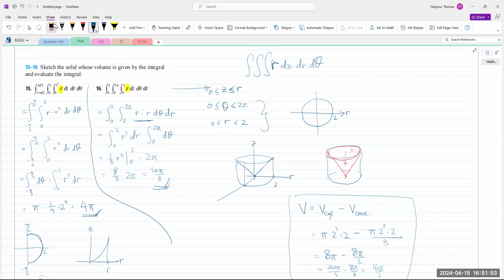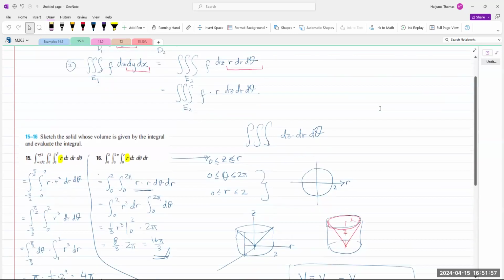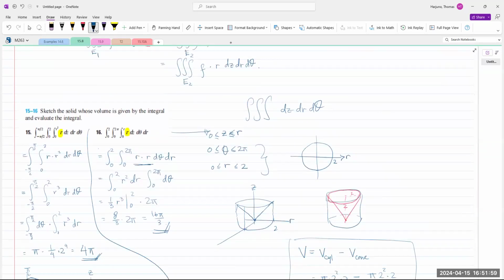Of course, it is still a volume if you are seeing this as a theta r z coordinate system, but not a volume in the cylindrical coordinate system.